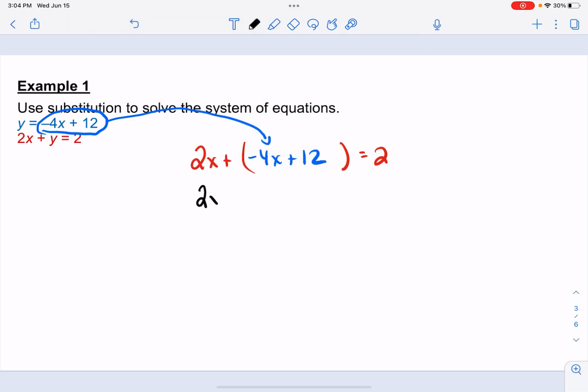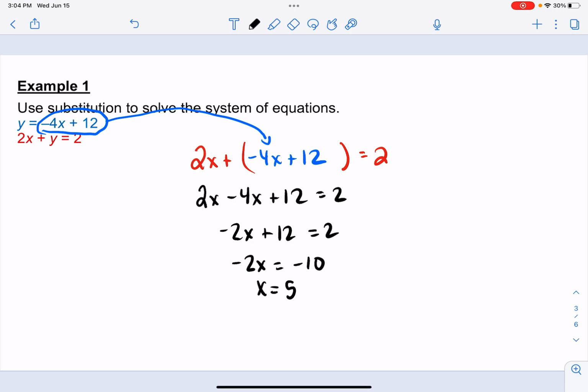So I have 2x minus 4x plus 12 is equal to 2. So I have x equal to 5.